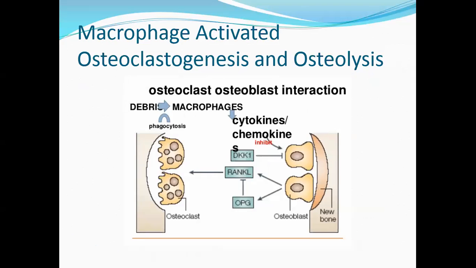So how does it happen? Debris formation starts, then macrophages engulf this debris, releasing cytokines like interleukin 1, interleukin 6, and tumor necrosis factor alpha, which activate the osteoclast.